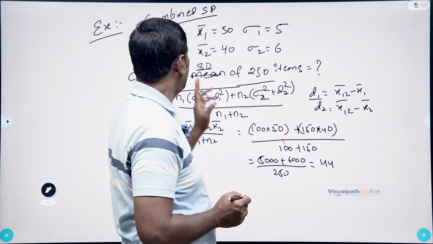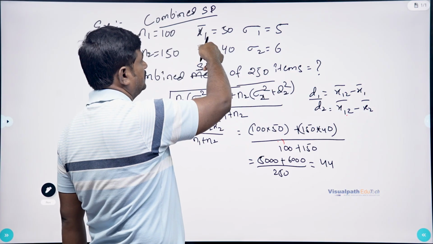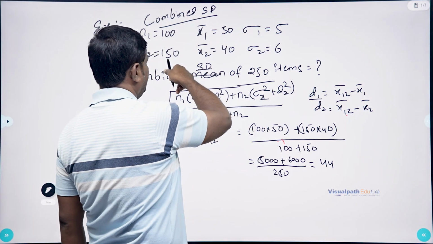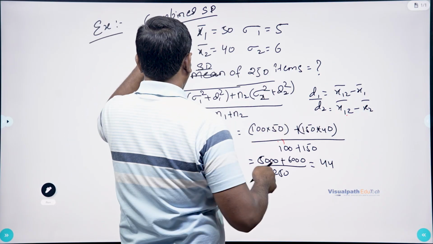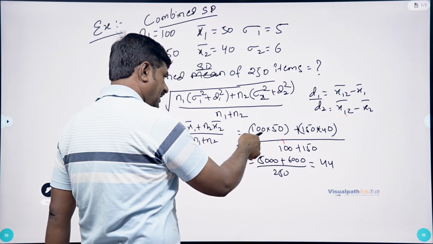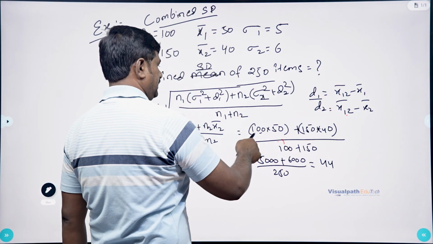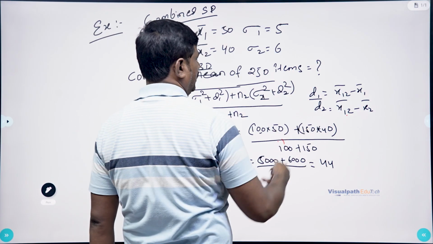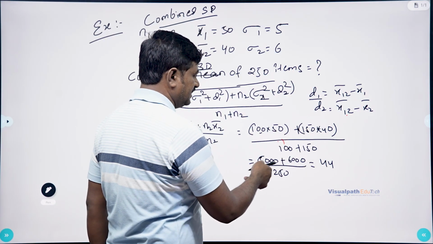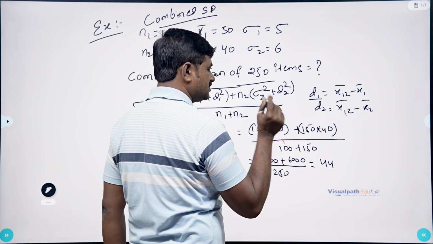Substituting n1 as 100, x1 bar as 50, n2 as 150 and x2 bar as 40, we get 100 into 50 plus 150 into 40 by 100 plus 150. That is 5000 plus 6000 by 250, which equals 44.